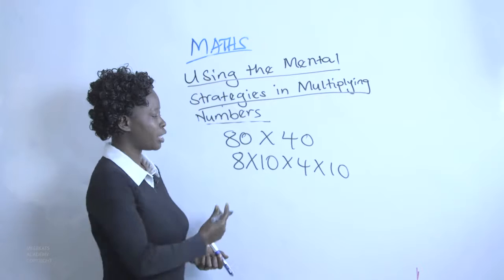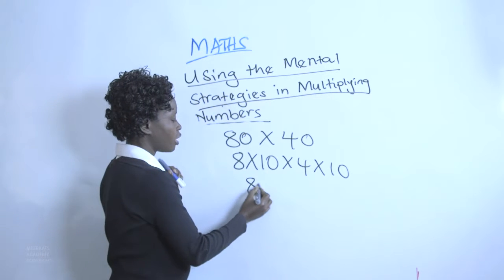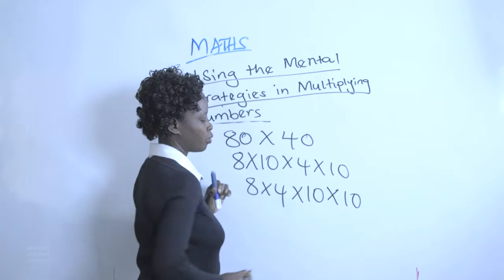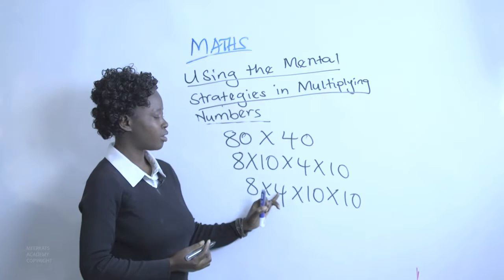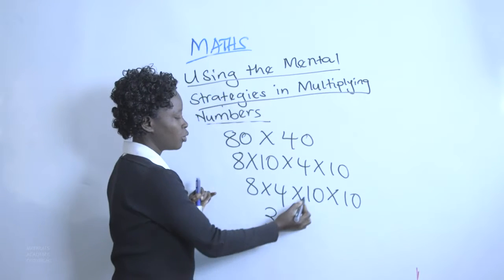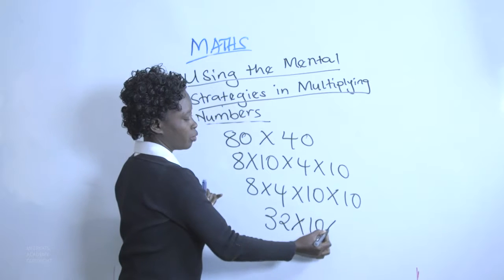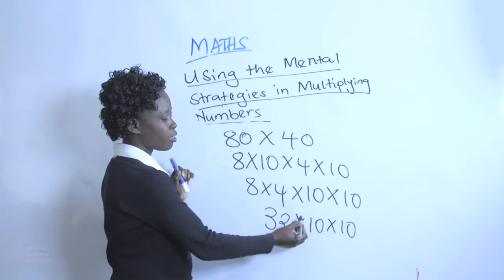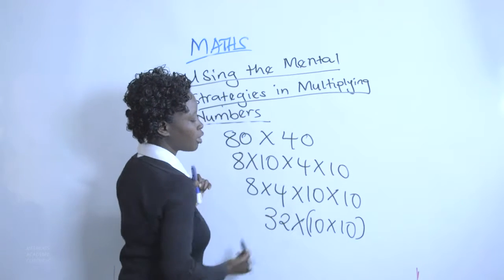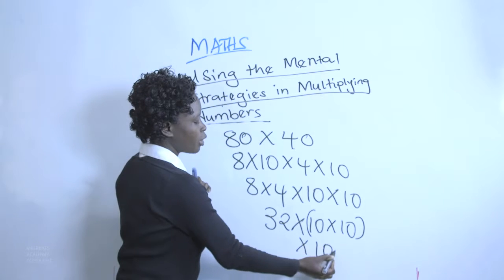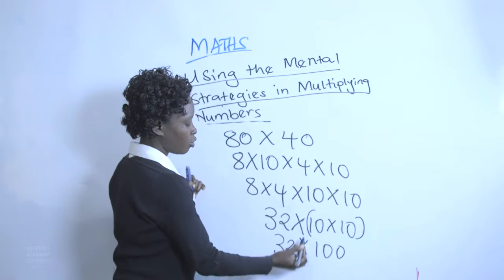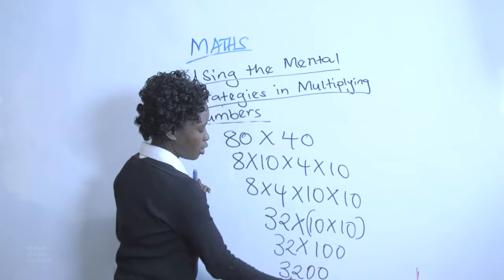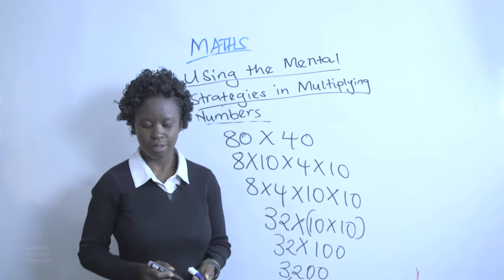So then we go ahead and rearrange such that we have 8 times 4. Then 8 times 4 is simply 32. Then the associative law, whichever order of multiplication doesn't matter. So we can multiply 10 times 10. 10 times 10 is simply 100. Then multiply by 32. When we multiply 32 by 100, we get 3,200 as the answer.